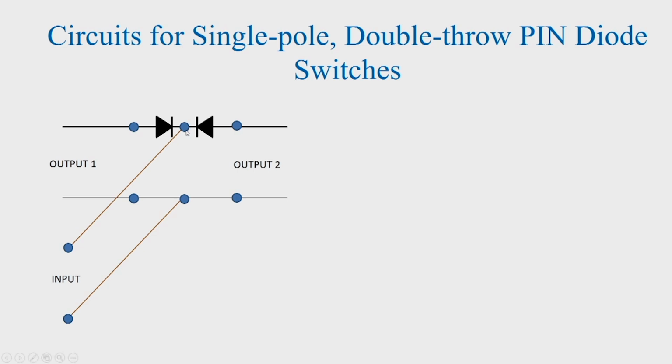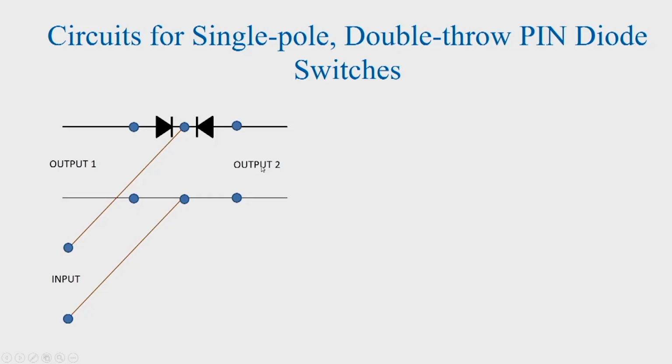And for the other combination, when this diode is off and this is on, the signal can be connected to output port 2, and therefore, this switch gives us an action where the input can be connected either to output port 1 or output port 2, that means it is an SPDT switch.